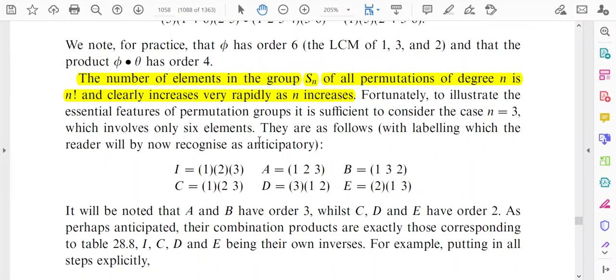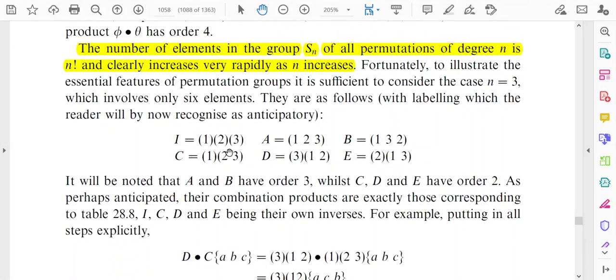For example, in the case of theta, there were 6 objects A, B, C, D, E, F. So when n is equal to 3, there are 3 objects, and we can represent the objects as 1, 2 and 3. And if there are 3 objects, the number of permutations will be 3 factorial, meaning 6. So a total of 6 elements will be there in the permutation group.